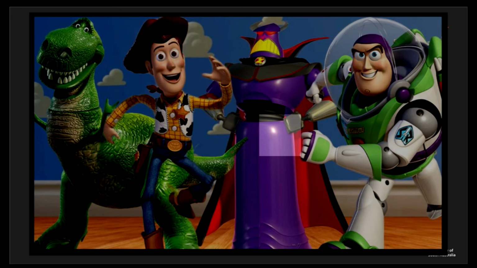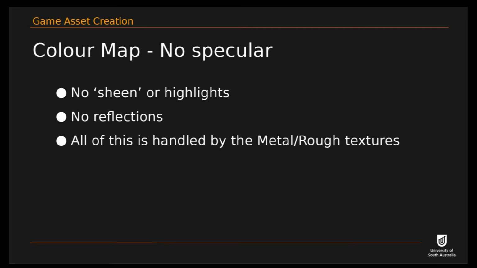It's not usually the actual reflection that you would see in metal, because specular by its nature was a way of cheating some of that back before computers were advanced enough to give accurate reflections. All of this is going to be handled using our metal and our rough textures and the material settings in Unreal. So if there are any highlights or little sheens in the color map, paint those out in Photoshop first.